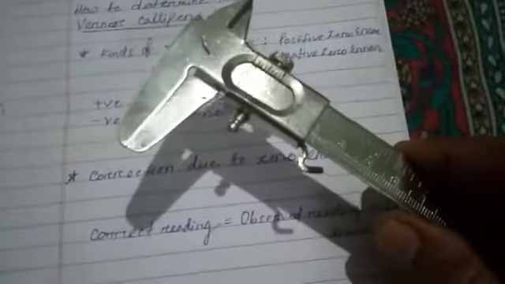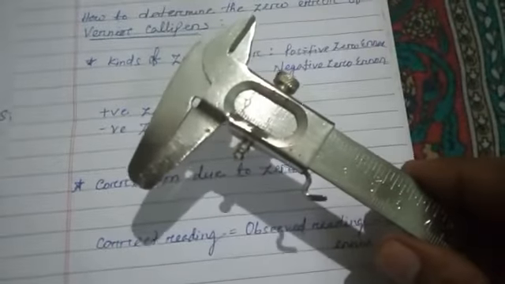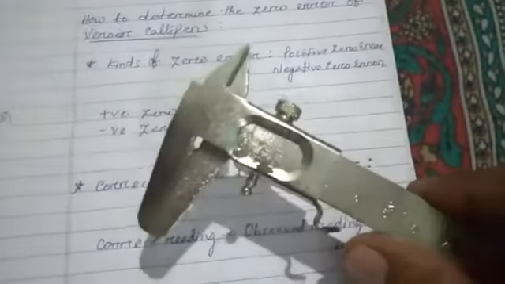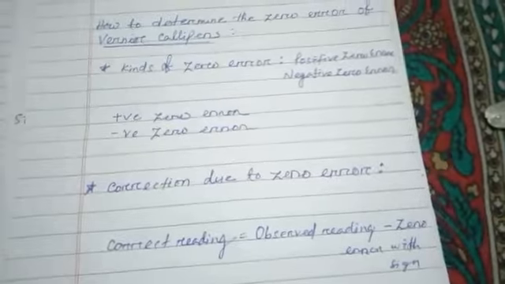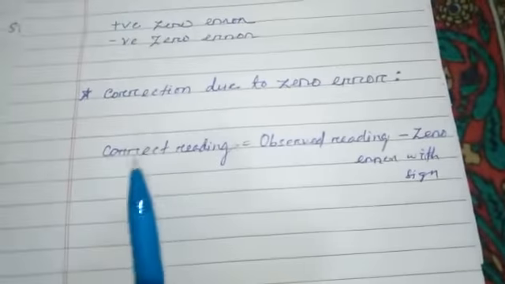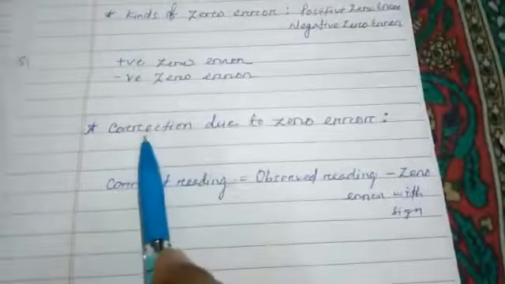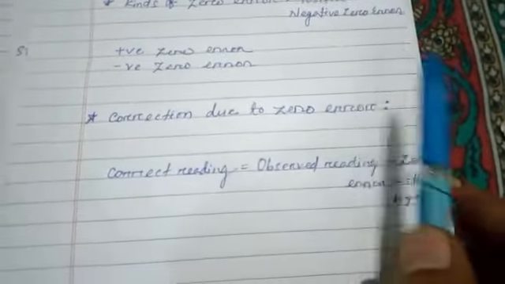But later I came to know my device has got some error. So to remove the error, I first find out the kind of error, whether positive or negative. After knowing the positive or negative error division, I have to find the error value by multiplying it with LC. With the sign I should write the error, and now for correction due to zero error, I have to make the zero correction also.